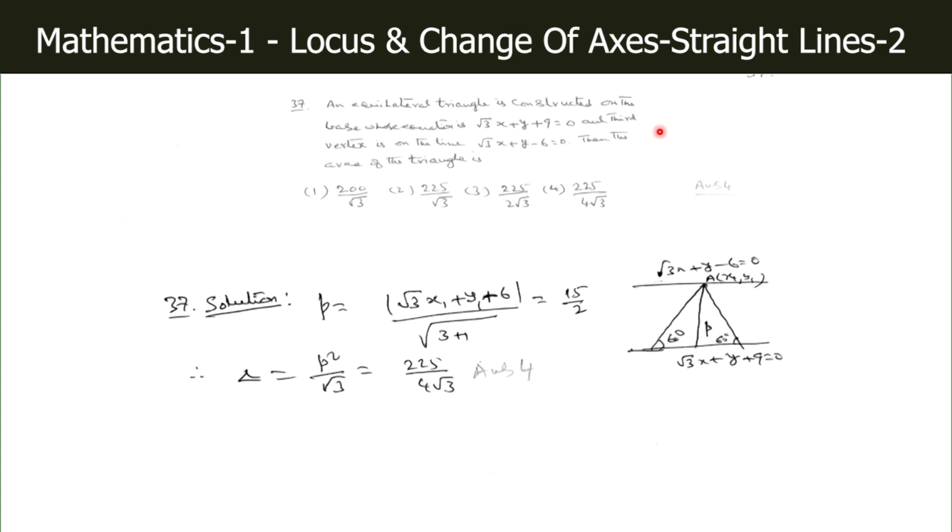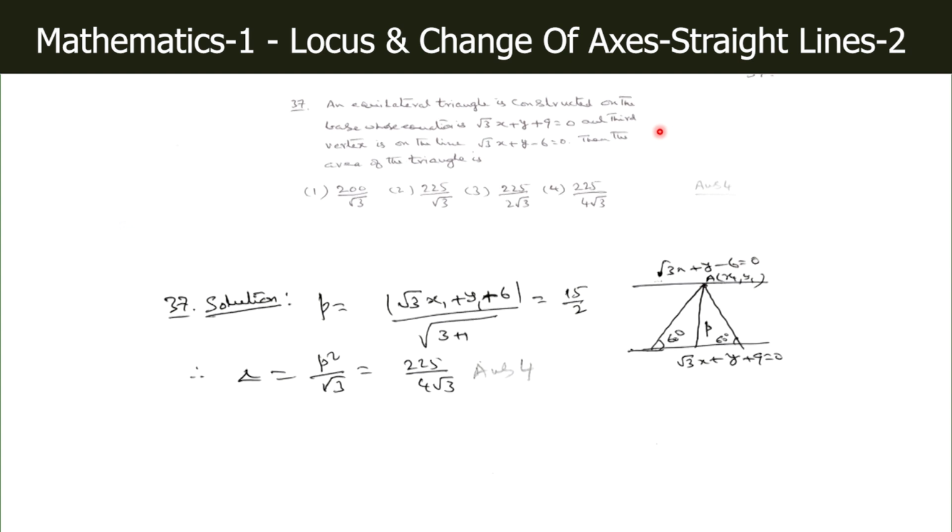So then the area of the triangle, please see, suppose the vertex opposite to the base root 3x plus y plus 9 equal to 0 is (x1, y1). So, therefore, the length of the altitude is the modulus of root 3x1 plus y1 plus 9 by square root of 3 plus 1.